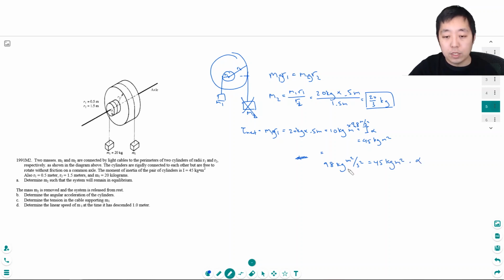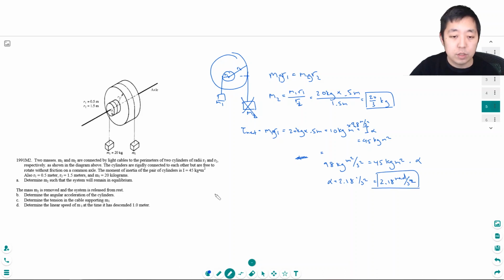When I divide these two, 98 divided by 45, I get 2.18, and it's 1 over second squared, which we write as 2.18 radians per second squared, because the unit of alpha is radians, it turns out. Okay, determine the tension in the cable supporting M1.